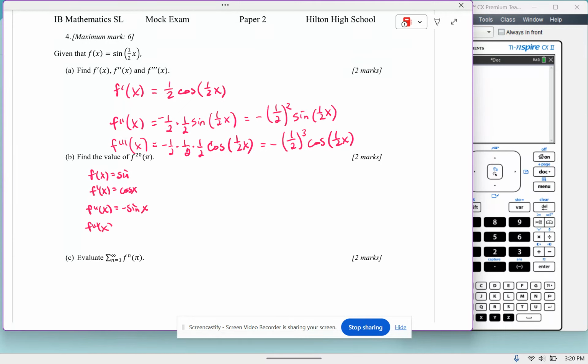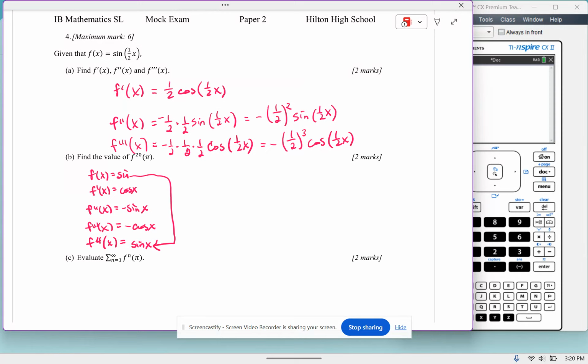For the third derivative, the derivative of sine is cosine, but now it's negative cosine. And the fourth derivative? It goes back to sine, because the derivative of cosine is negative sine, with a negative out front. So I have returned back to the original at the fourth derivative.